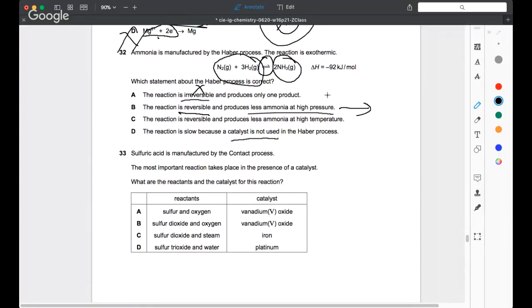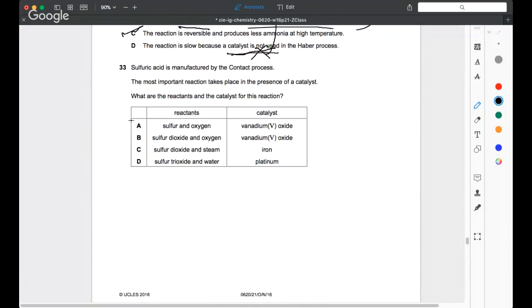D, catalyst is not used. That's wrong because a catalyst is used to lower the activation energy of the process. So C is the only right answer.